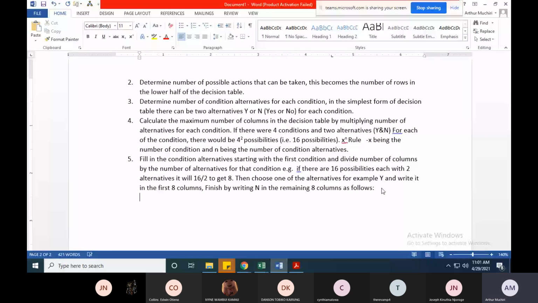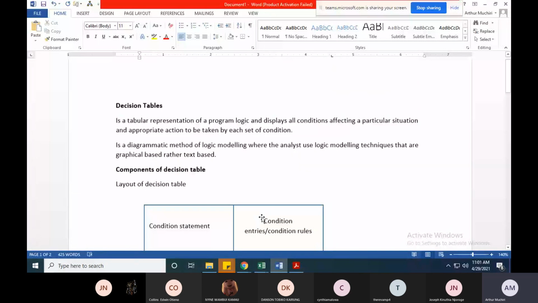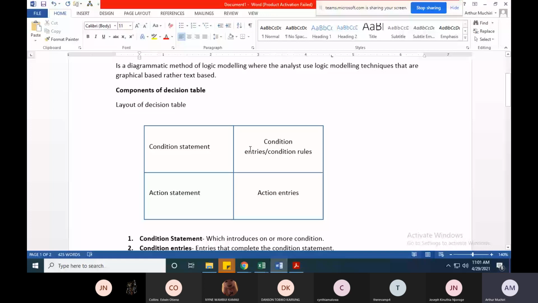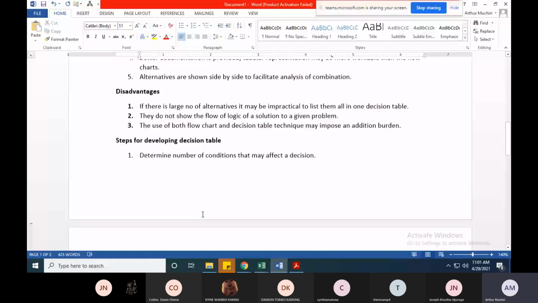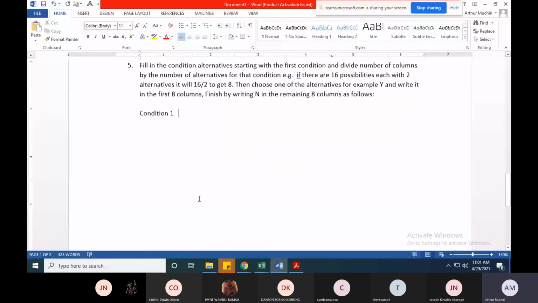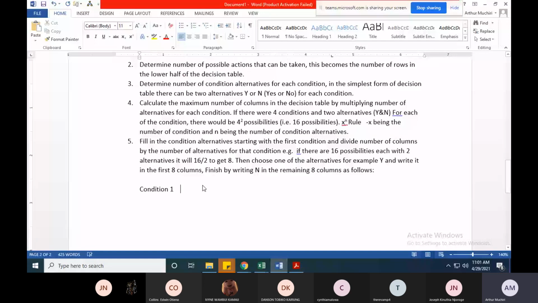So you have condition 1. This is just an example of how you can design such a table. For this condition 1, you're going to write Y. Since there are 16, the first 8 columns will be Y. Let me put it in capital.